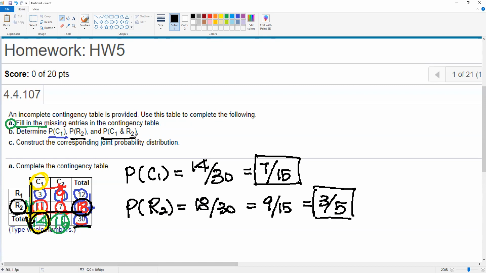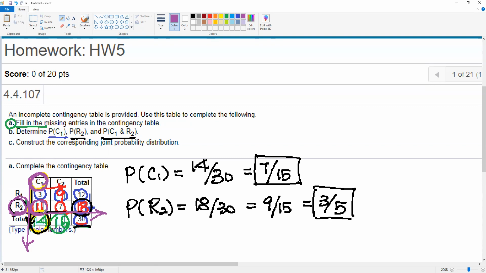And now this one is the intersection. Oh my God, I messed up. Let me use the purple one. C1 and R2. So we have to take the middle case, the C1 and R2, right?